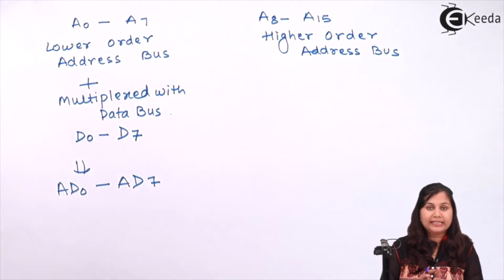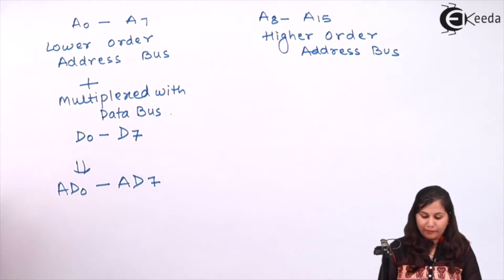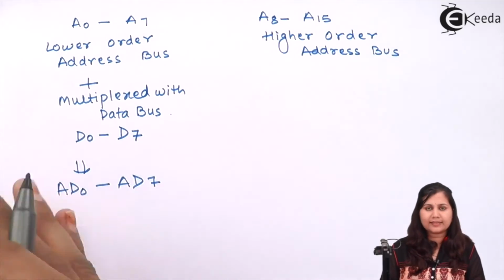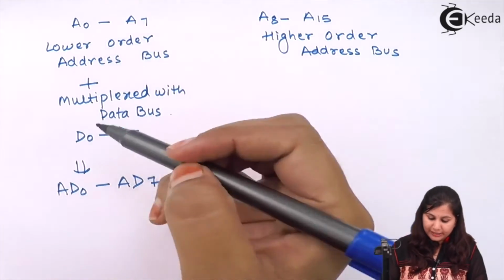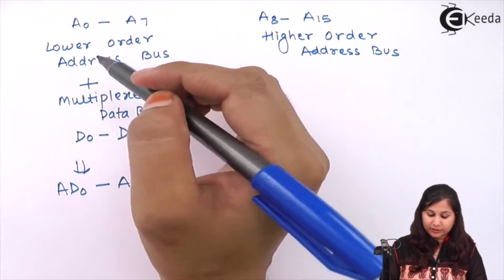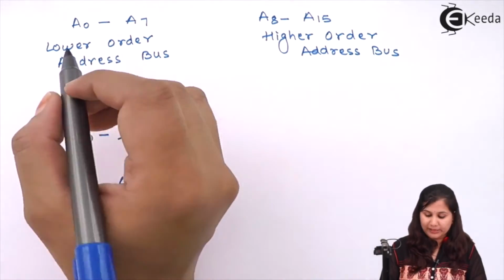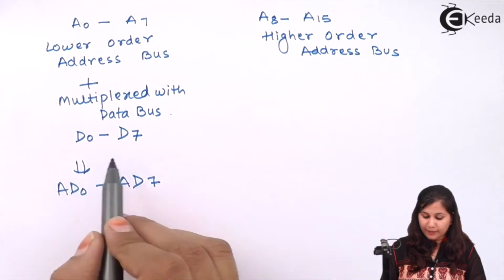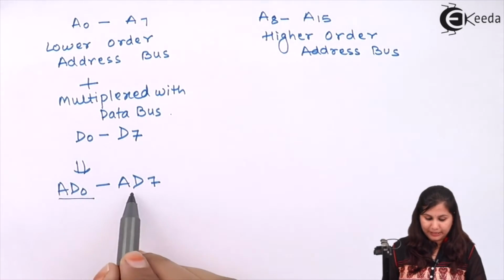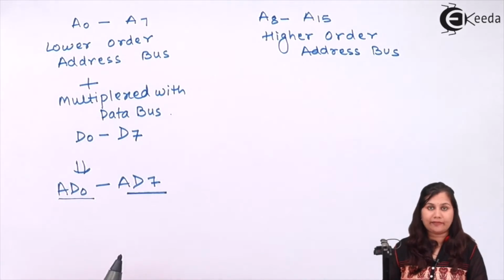This is done by demultiplexing the both the buses. So there is a buffer to demultiplex; all this procedure we will study further in our videos. So you can see here that in the 8085 microprocessor, the lower order address bus has been multiplexed with the data bus and it has become AD0 to AD7.